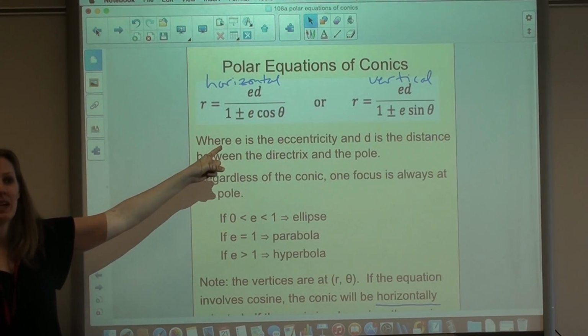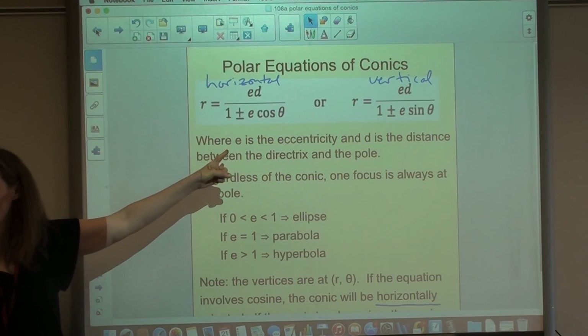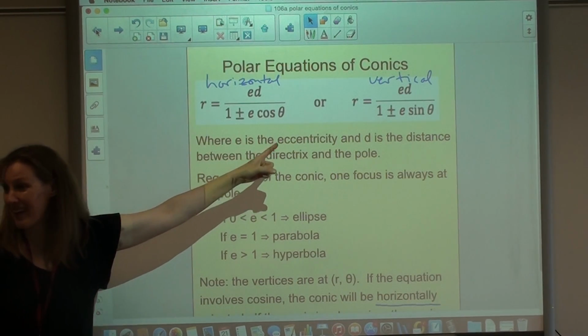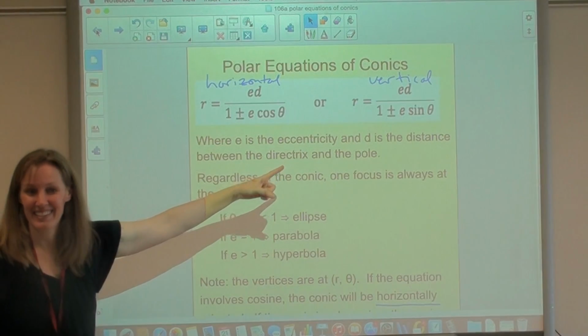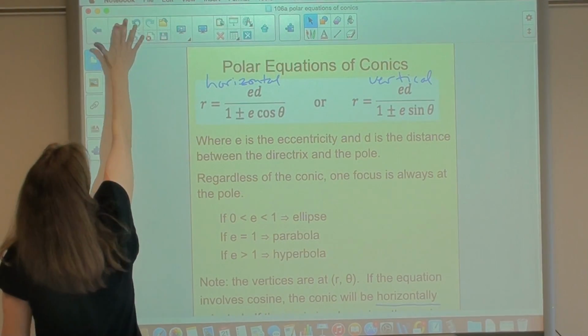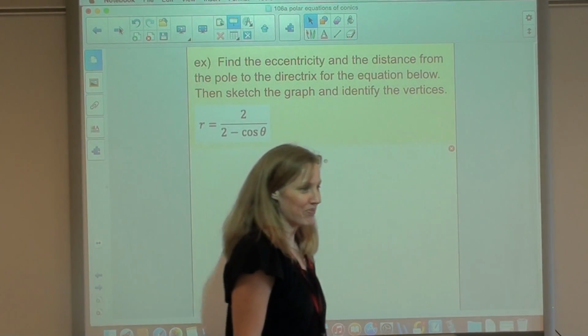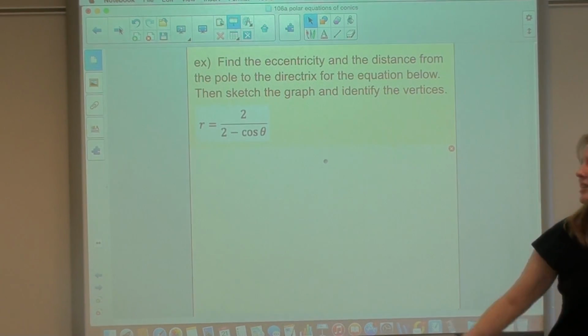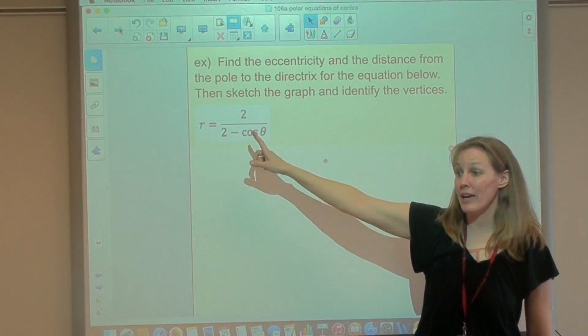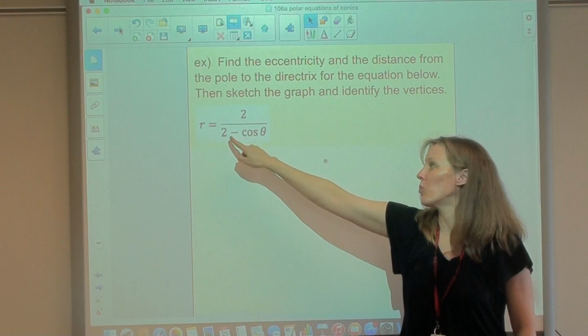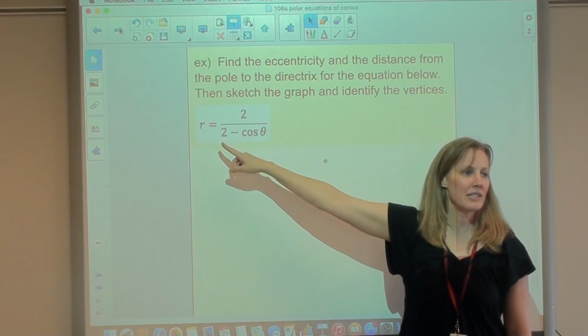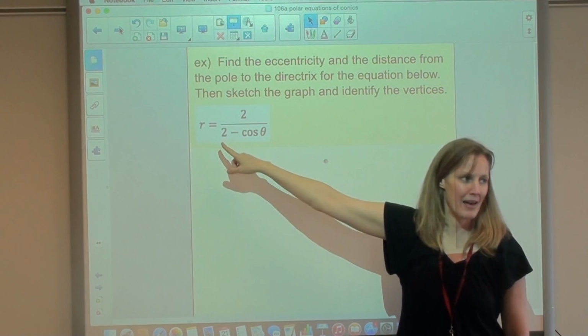And someone said that's kind of like logistic differential equations, where you have the 1 plus b. So it's the same kind of thing. The way that you get it into standard form is you get a 1 there. So everyone take a second and figure out what you need to do to make that become a 1.